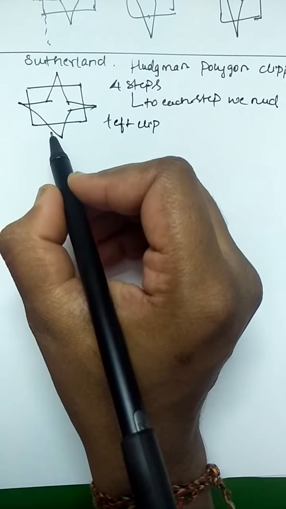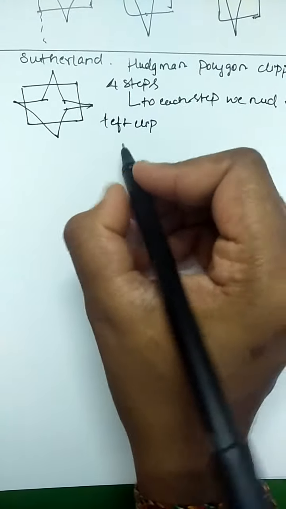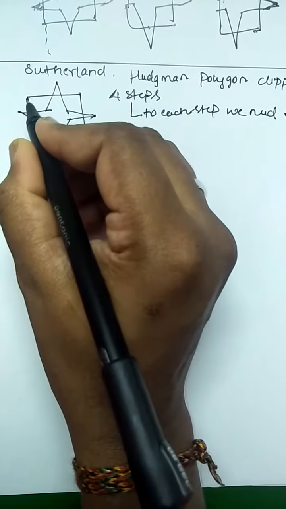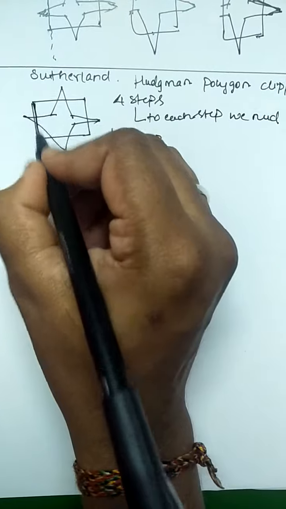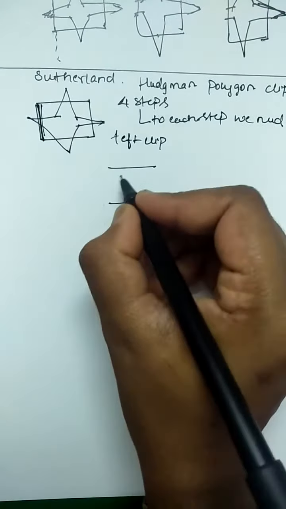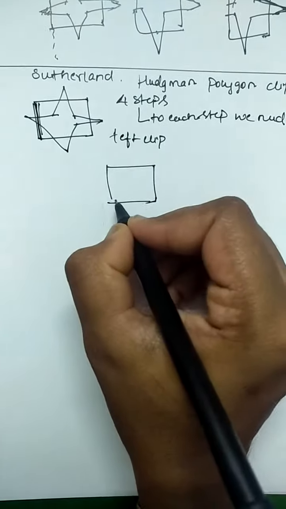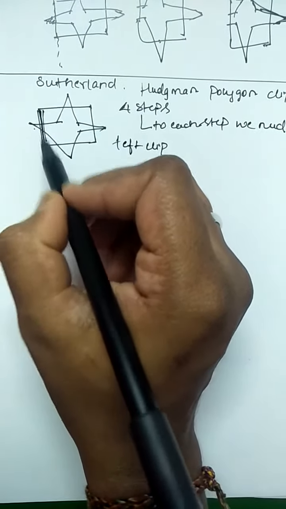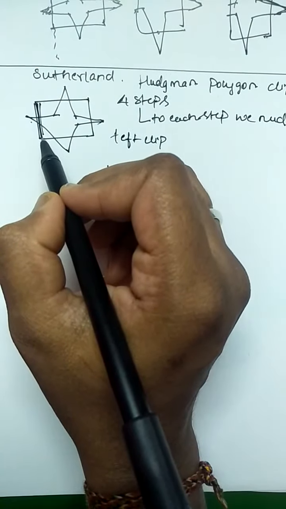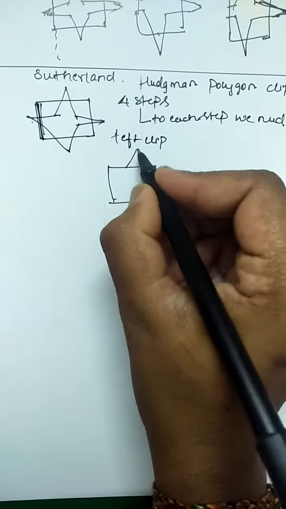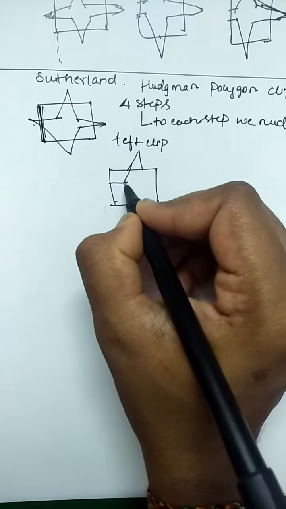When we do a left clip, the output is with respect to the left line of the clipping window. Whatever polygon edge content falls outside of this left line of the window will be clipped. So the output looks like this.